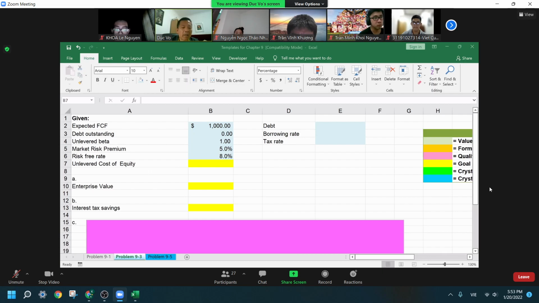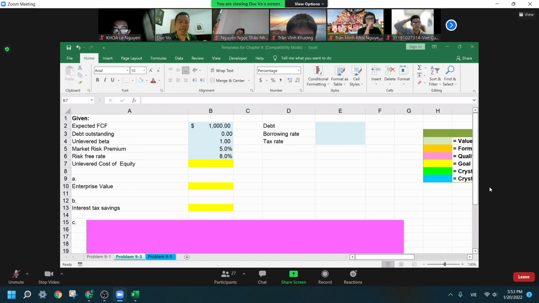I think that there is something wrong in the question here. Can I correct it, please? Because if the market risk premium is 5% and the risk-free rate 8%, 8% is too high. Because they tell you the cost of equity for the firm is 8%. So the risk-free rate should not be 8%.